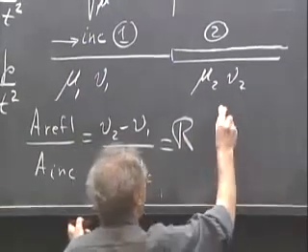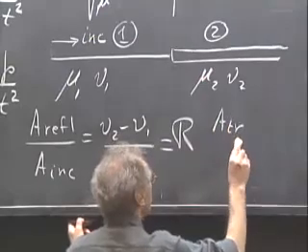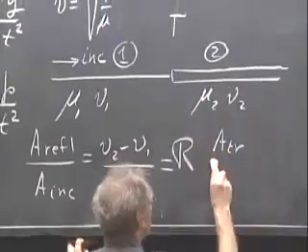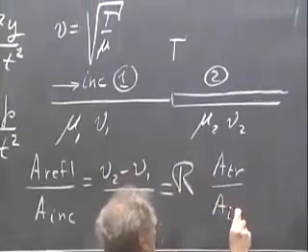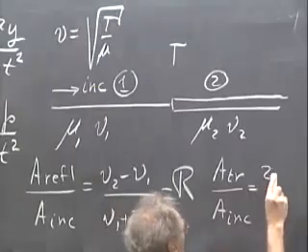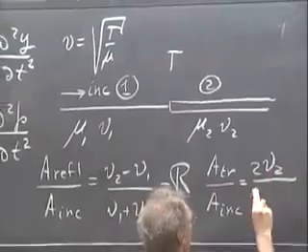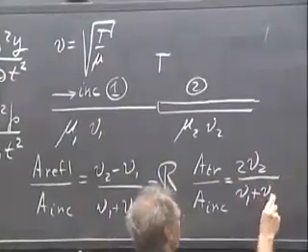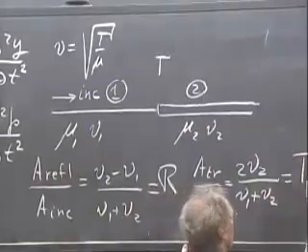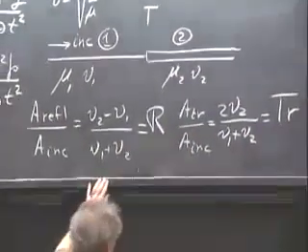And we found that the amplitude of the transmitted wave, or pulse, divided by the amplitude of the incident one, was 2V2 divided by (V1 plus V2), and I called that, shorthand notation, transmittivity, T.